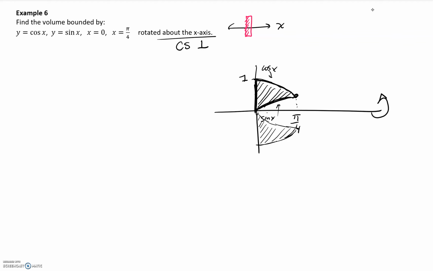So we rotated about the x-axis. I'm going to make my cross-section perpendicular to the x-axis. So there's my shape.